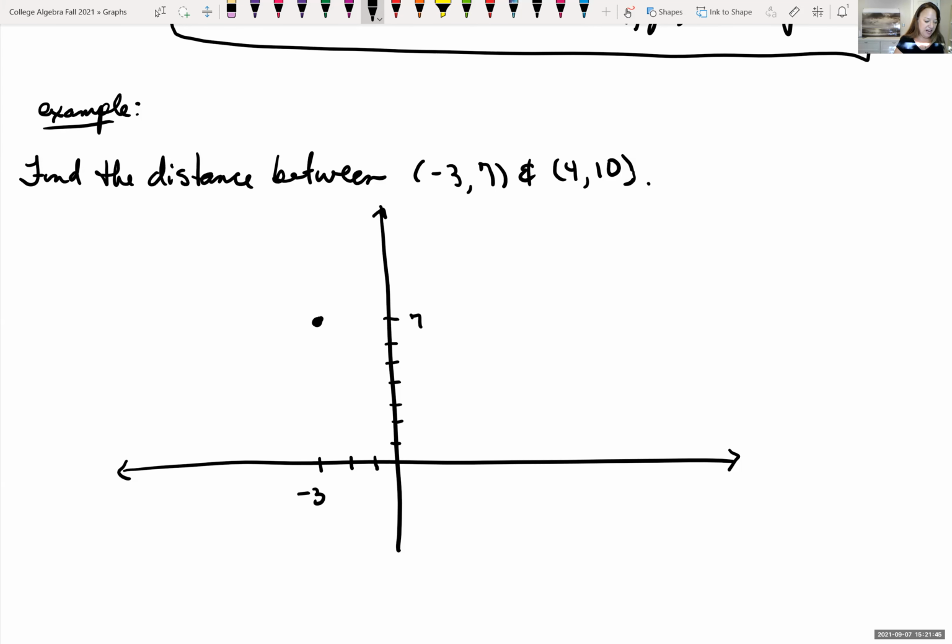And then I have the point 4, 10, so I'm going to the right 4 and up 10. And we want to find this distance between these two.